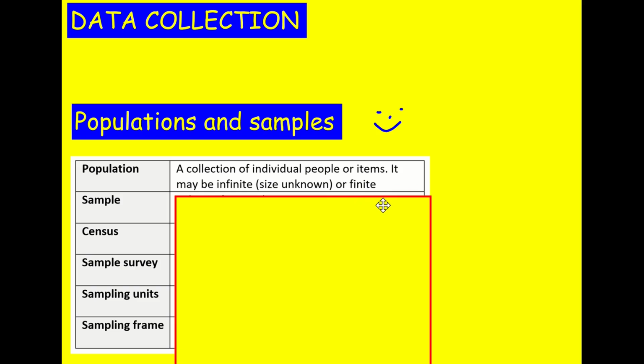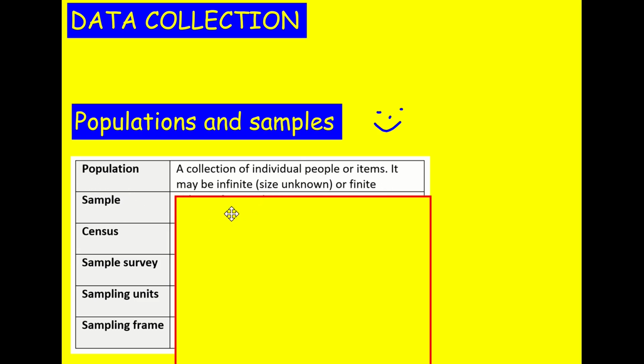It could be sports equipment, and you're interested in knowing whether it functions properly or not. All sorts of things. Could be shoes and whether they have holes in. How many shoes that are made in a factory end up being not very good, for example. But it could be people as well. It may be infinite in size or finite. We'll look a bit more at that in a minute.